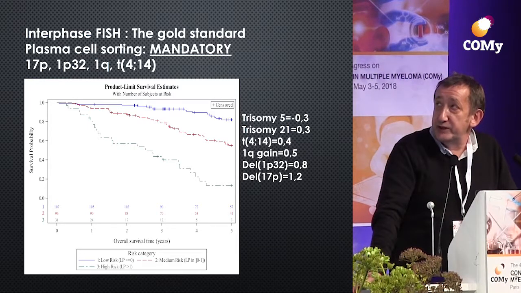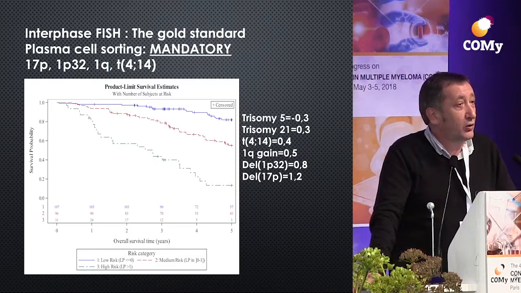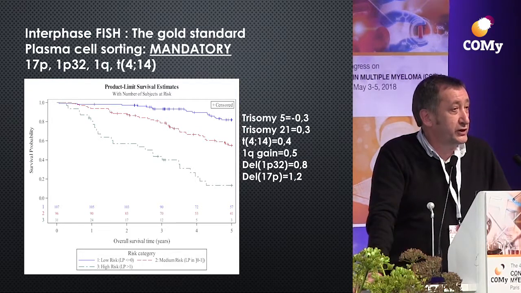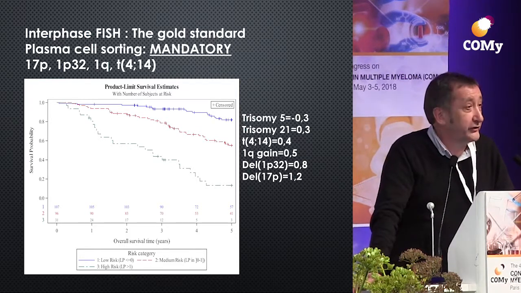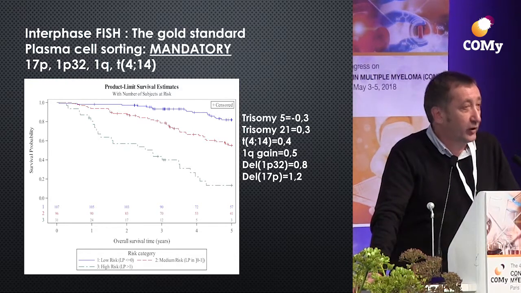The intermediate risk is between 0 and 1, and the high risk is more than 1. And you can see that, for example, for 17p deletion, all these patients are in the high-risk category. In contrast, if you take the 4;14 translocation patients, the score is only 0.4. This means that not all these patients are really high risk.